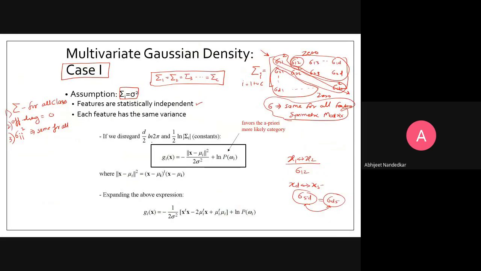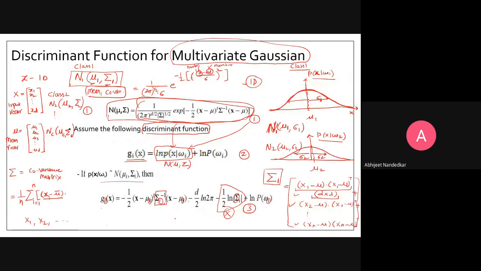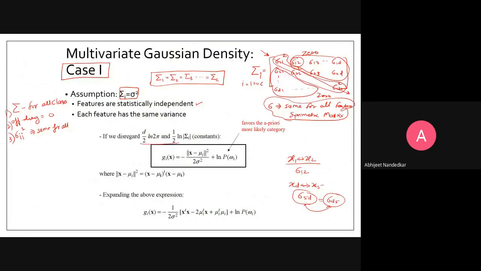Similarly the first term is a constant, there is no relation with i for this term, so I can even throw this term. So I can drop these two terms since they are constant. There is no relation between class and these terms.